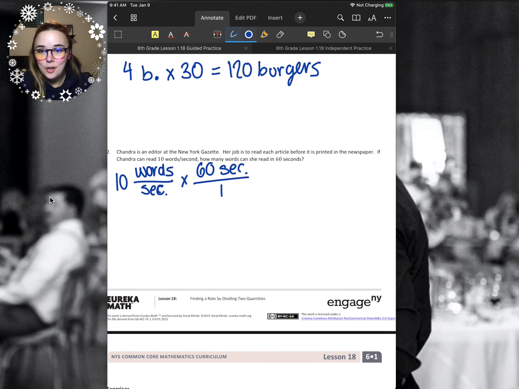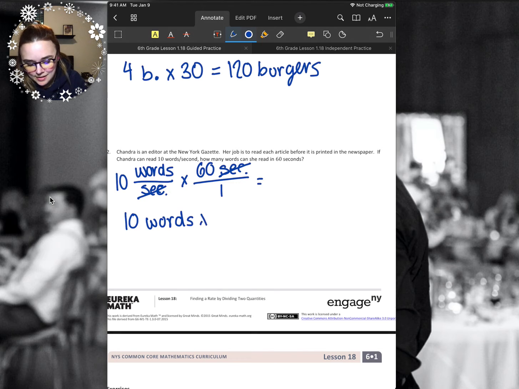Then I can cancel out my seconds, and I'm going to end up with 10 words times 60. Then I can multiply 10 times 60 and get 600 words.